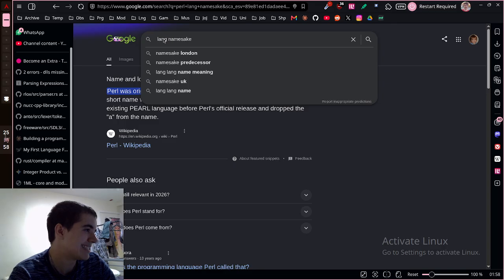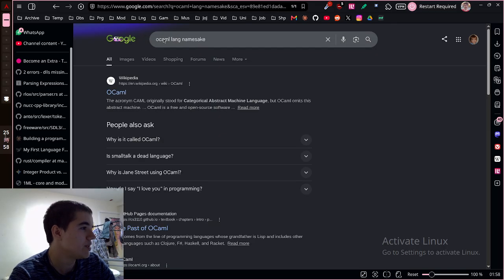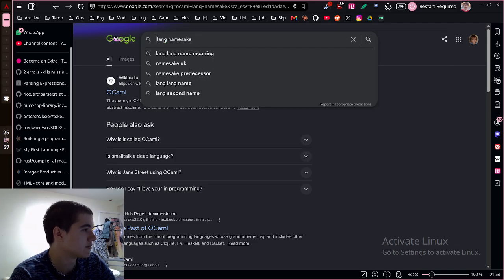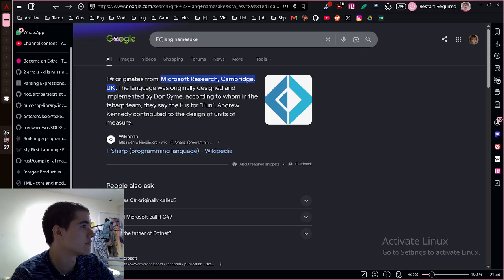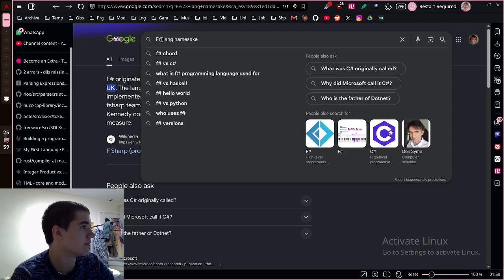Python, Haskell, OCaml. Why is it all OCaml? It's just camel. Oh, Caml was categorical abstract machine language, but OCaml omits the abstract machine. Oh, okay. F sharp. For fun.